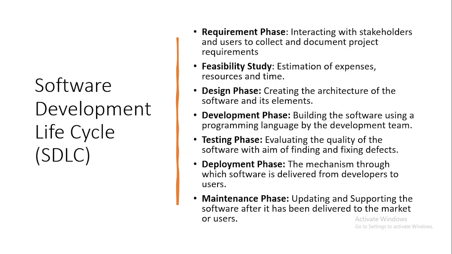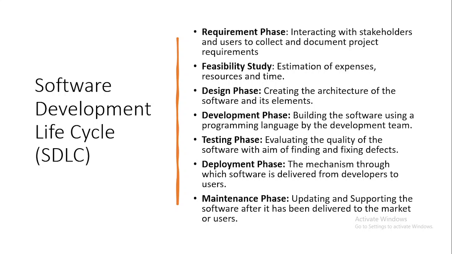Based on the requirements, the team will start designing the architecture, and since it's a website, there will be some features. If it's an e-commerce website, there should be a login page and add to cart options. They design all the features of that particular software and its outlook.